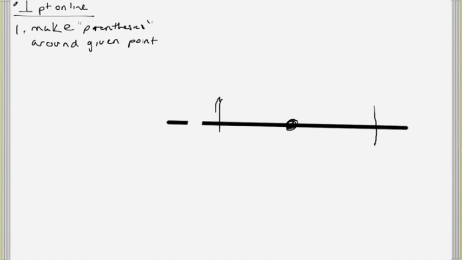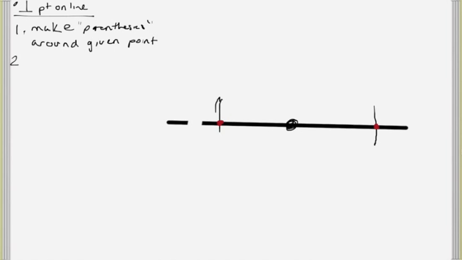Where we get intersections, we're going to label those with points. So I'm going to place points at both of the places those parentheses hit the line. And where we have points, that's a good place to put a compass.